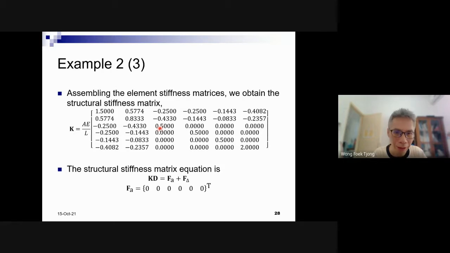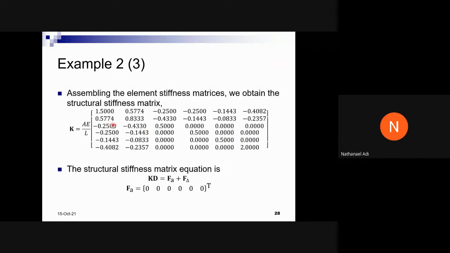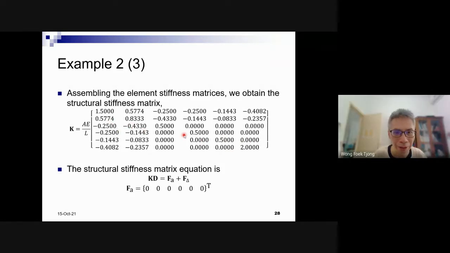This matrix should, of course, have a positive diagonal. Then what else? Symmetric. Singular? Not singular, because we have already put in the supports. Not singular means it has an inverse.